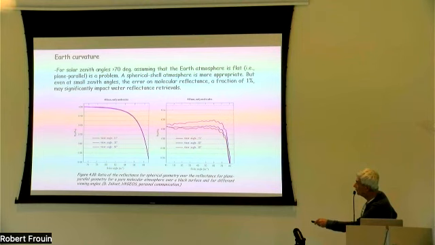Of course, usually we don't do atmospheric correction for these large angles, but if you're interested in high latitudes, to expand the validity of the products to these latitudes, then you would have to do this kind of thing.